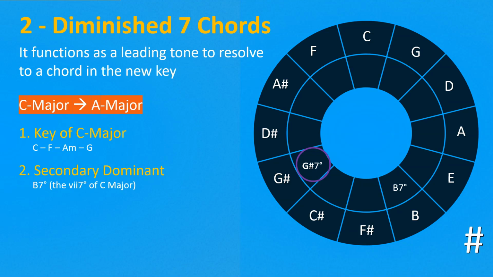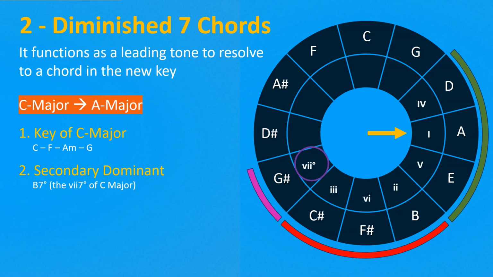They both have the same notes, and the G sharp 7 diminished can be considered as the 7th degree of the A major scale. So, after the B7 diminished or the G sharp 7 diminished, we move to A major by resolving to an A minor chord. This shift emphasizes the new key and provides a different emotional quality. We can finally establish the sound with A minor, E7, A minor.